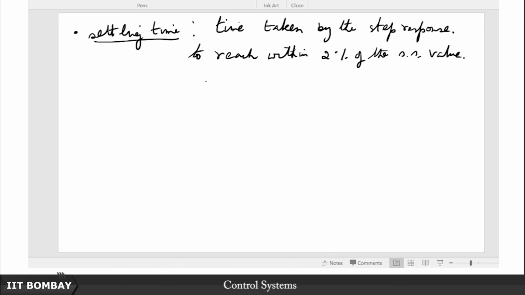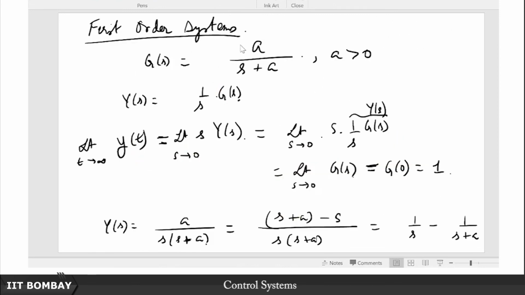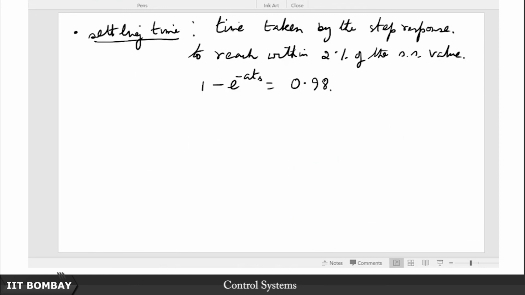Again this is easy to obtain, so we just say 1 minus e to the minus a ts is when you have reached 0.98 of 1. And remember, it will not change if you change this transfer function from a to ka here, because then you will have k on both sides, so they will cancel out. So the calculation still remains the same.